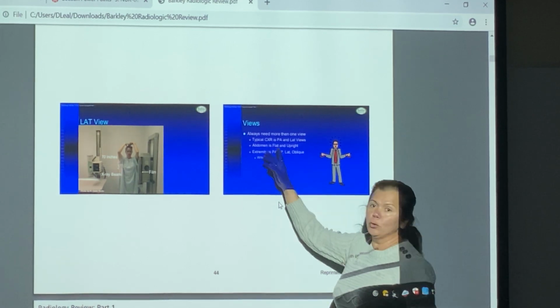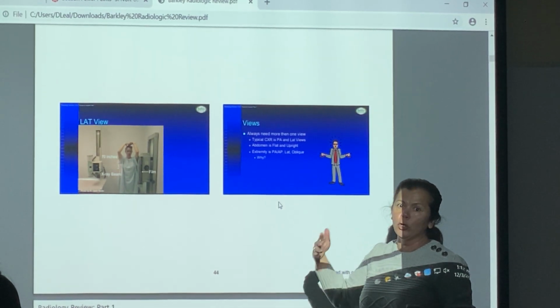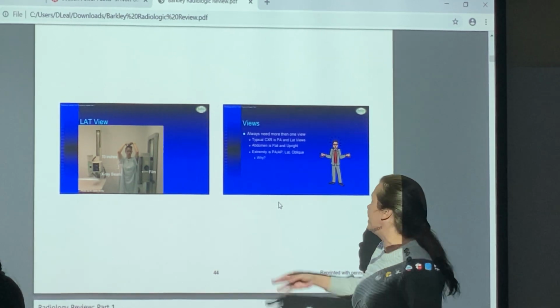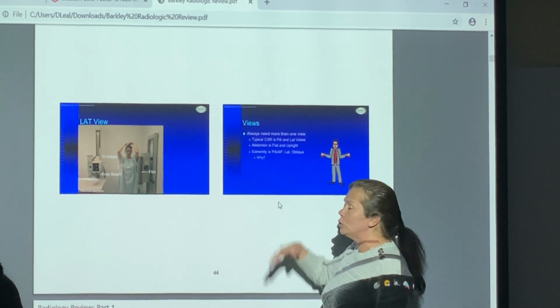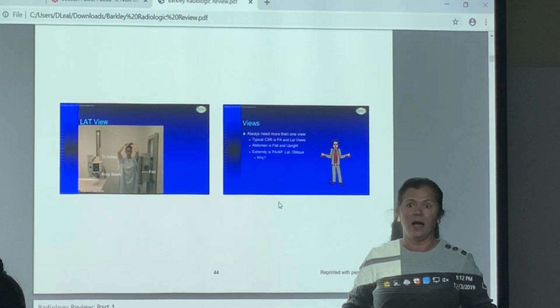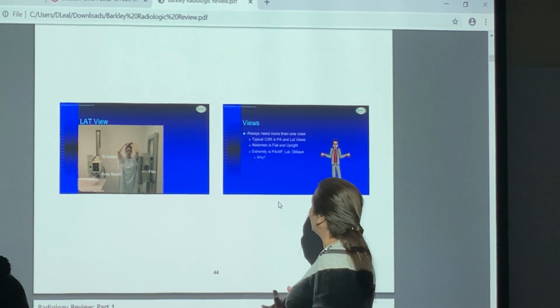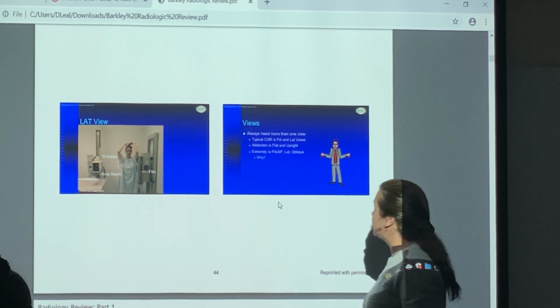You can also do a portable chest X-ray. But when you do an abdomen, of course, you have to put the patient flat. Or you could do it upright, but it's not as accurate because air can go up, and that makes you confused about any type of perforation.